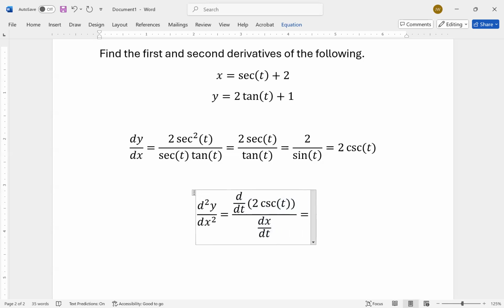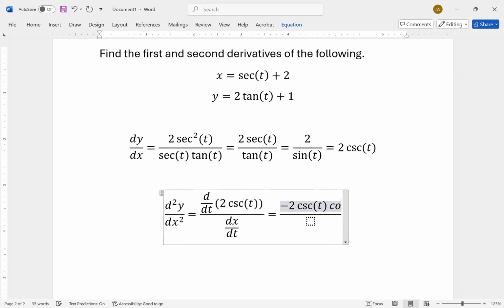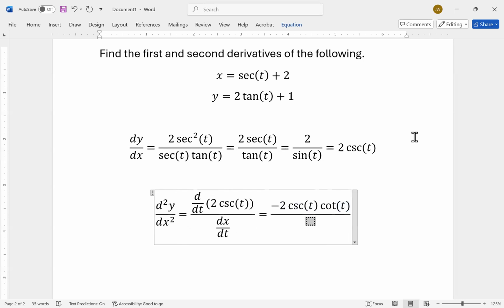Cosecant has derivative, which is negative cosecant times cotangent. So I get negative 2 times cosecant of t times cotangent of t. And derivative of x with respect to t is secant times tangent once again.